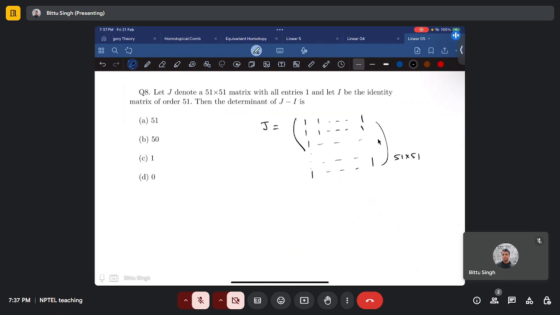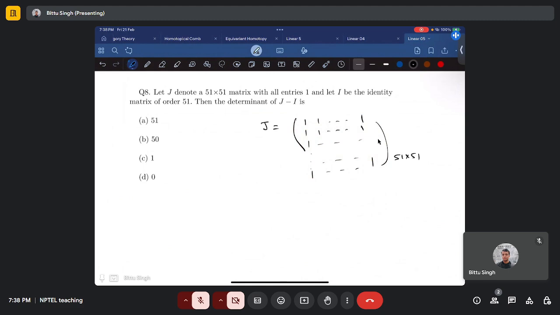So let us find the determinant of J. Sorry, not determinant, what are the eigenvalues of J? The determinant of J is certainly 0 because the rank of the matrix J is 1. All other rows are linearly dependent. They can be written as a linear combination of the first row.